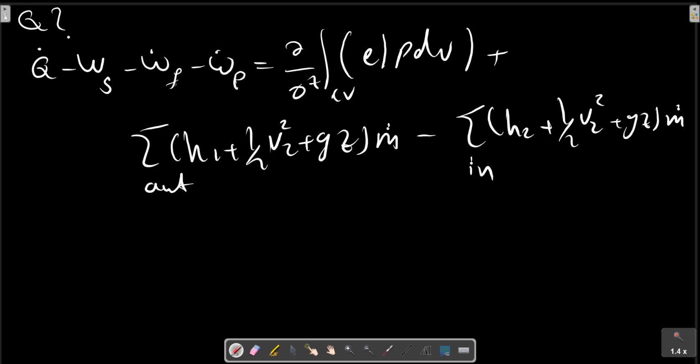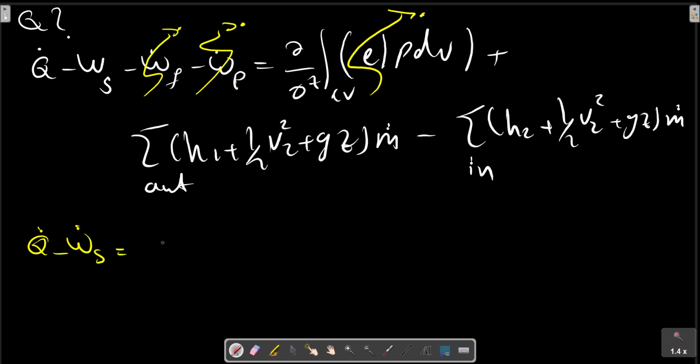In this problem, the friction force is 0. Pump is also considered as the shaft force. For a steady flow, the first term equals 0, and the elevation of the flow is the same, so these two parts are also equal to 0.